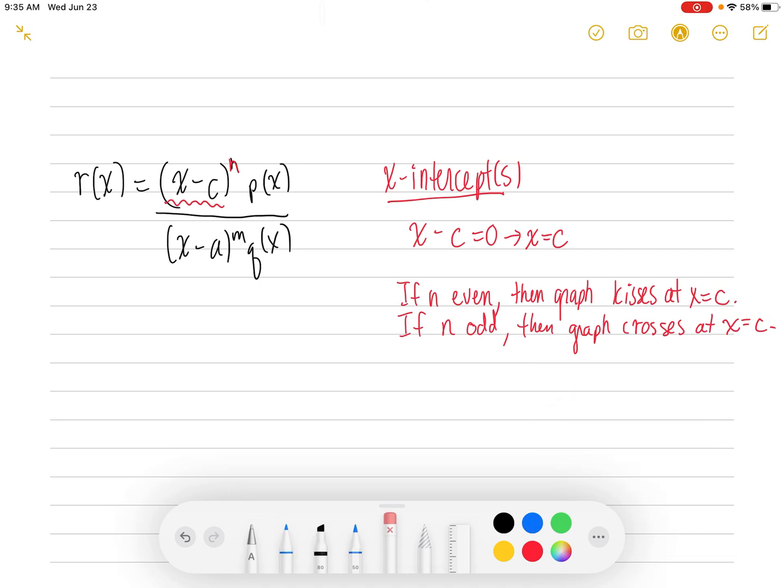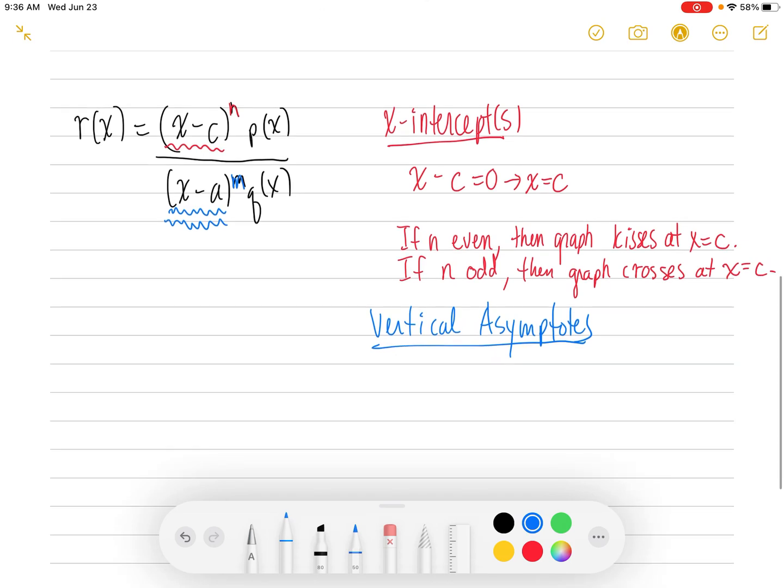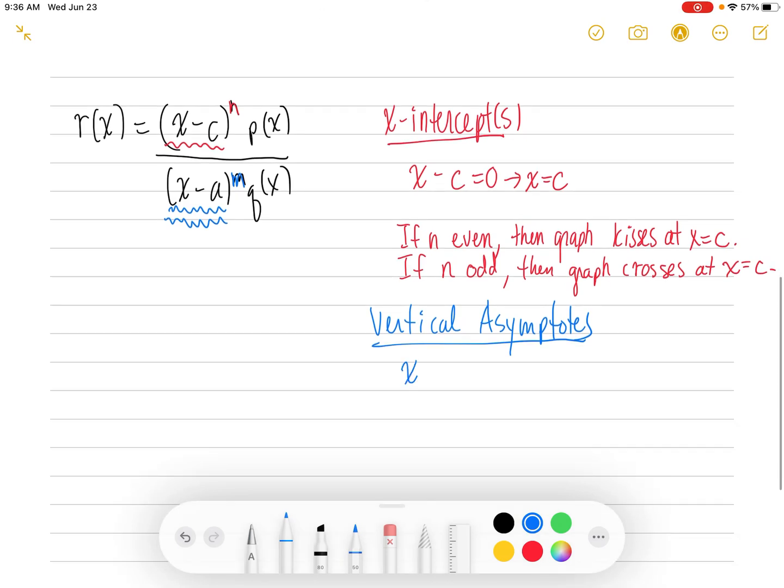So let me give you some idea about this. To focus on vertical asymptotes, I'm going to look at my bottom factor and the multiplicity m.